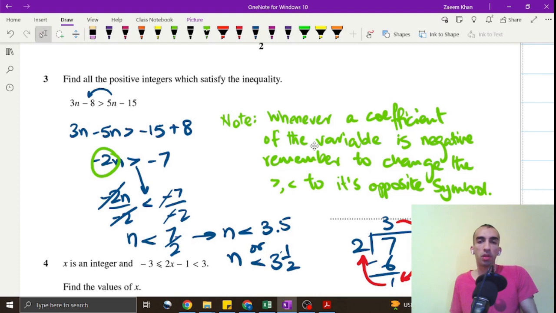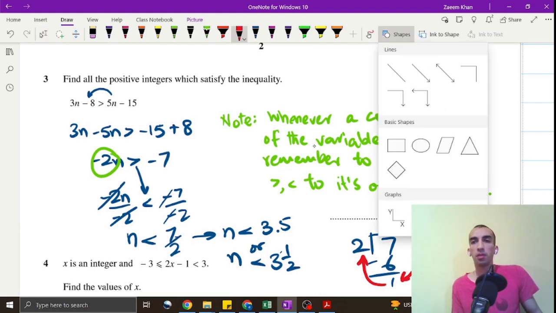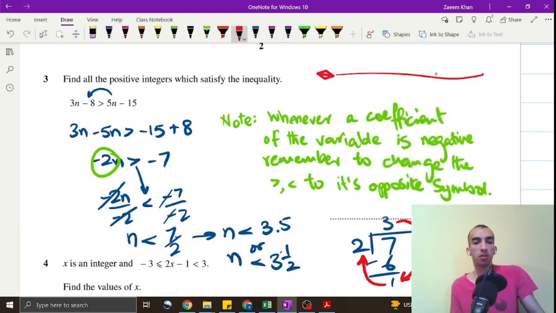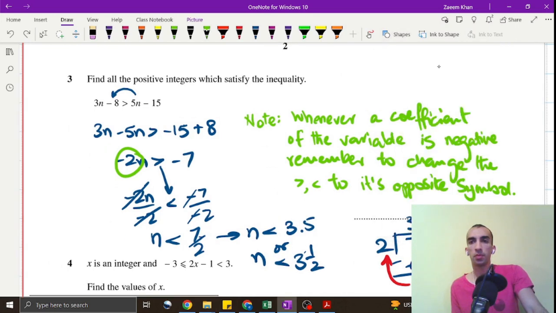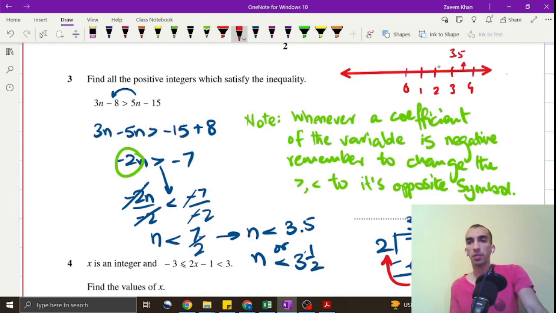If I draw a number line, this is what it would look like, right? 0, 1, 2, 3, 4. Right over here we've got 3.5. And the question asks us to stay below 3.5.